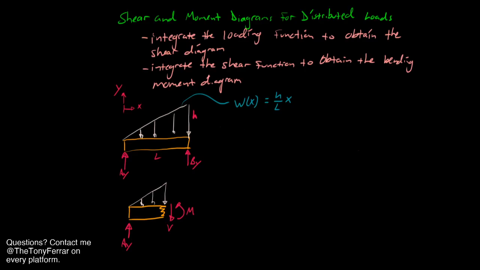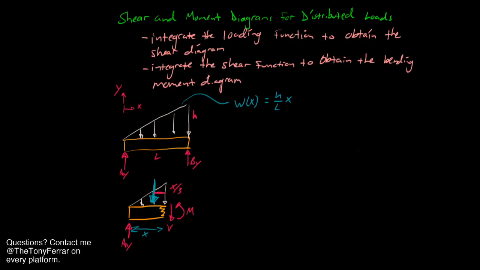We know that the distributed load acting over our little beam here, which is of length x, is going to be the integral of this small triangle, which has the same function, and that force is going to act at a distance x over 3 from the right-hand side.